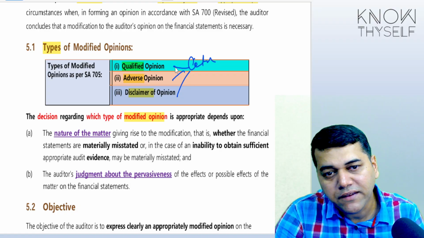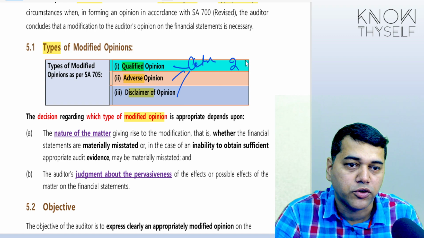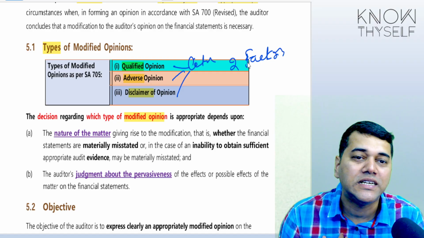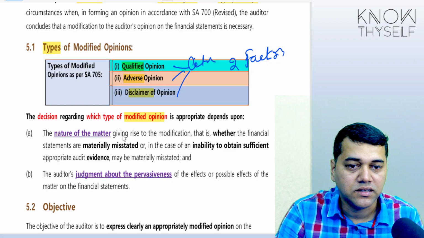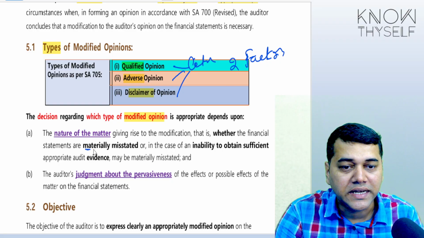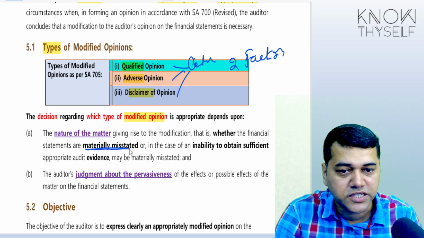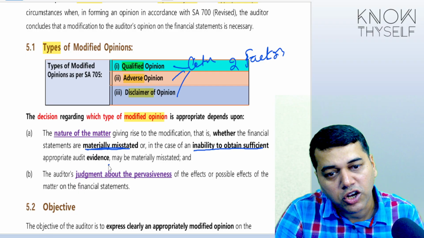So, which one I will choose depends on 2 elements, 2 factors. Factors are something which influence our judgments. One, nature of the matter, whether the financial statement is materially misstated, or I am not able to obtain evidence that it is not materially misstated.